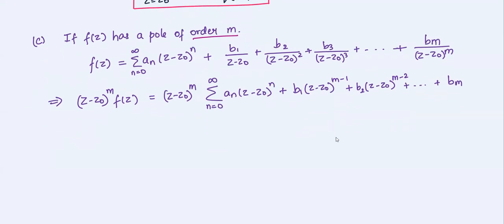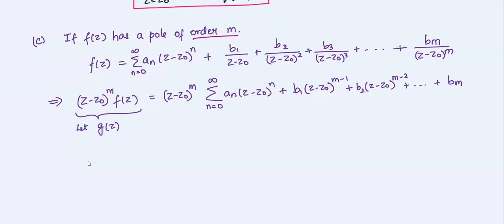So now we want b1. Let us call this g of z.